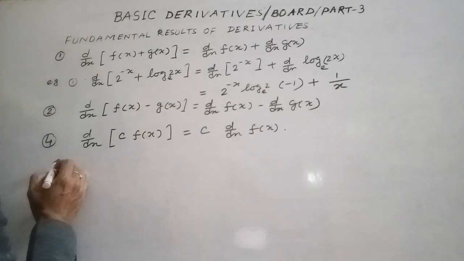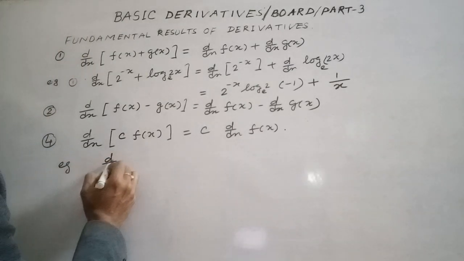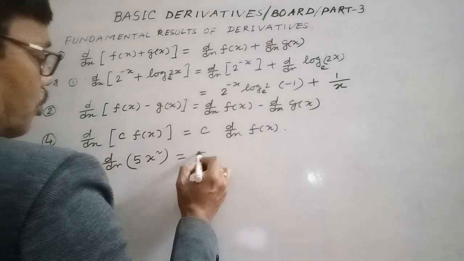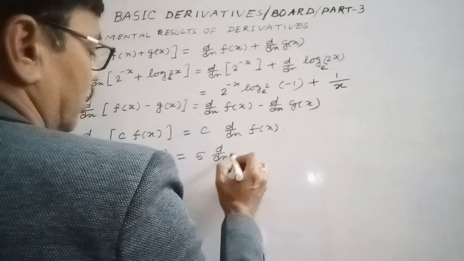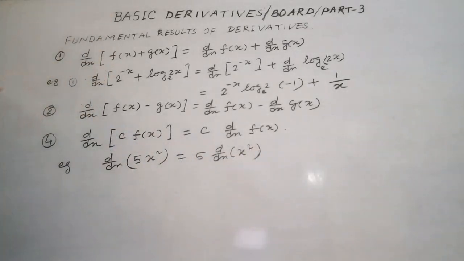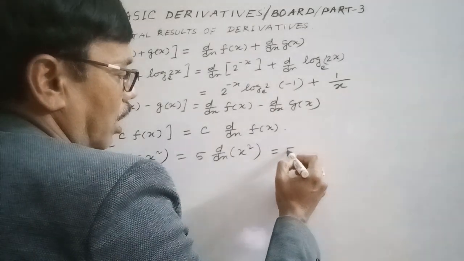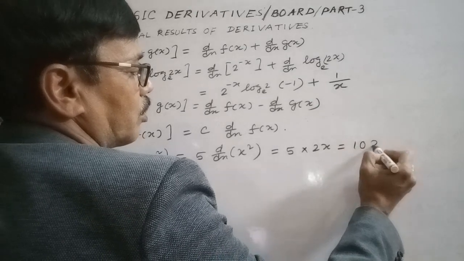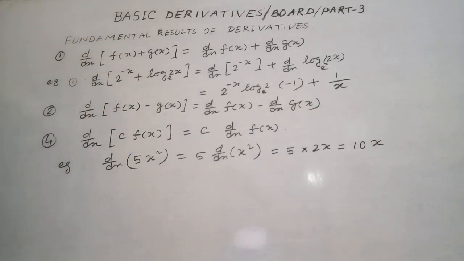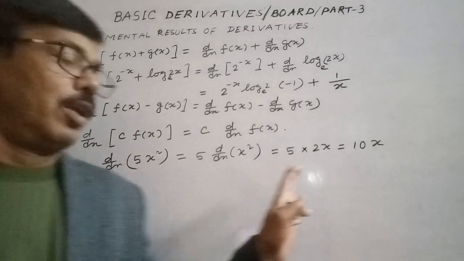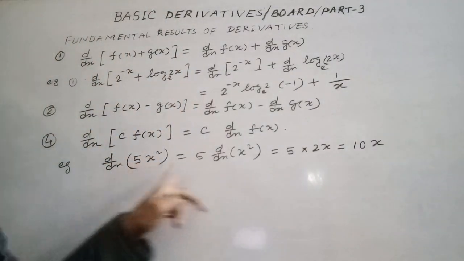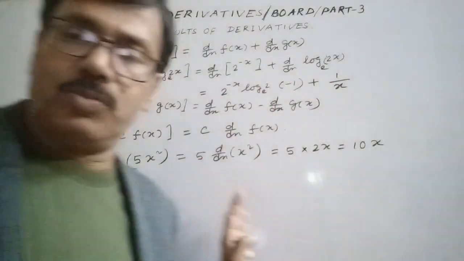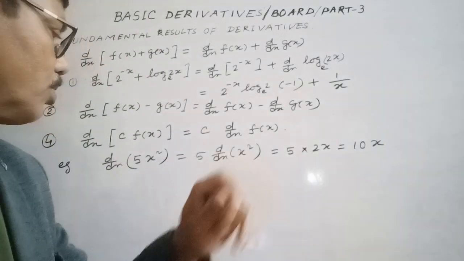So application, d/dx of 5x square. So 5 is a constant, outside d/dx of x square, and 5 unchanged. The derivative of x square is 2x. So finally 10x. So look, we can write it directly, 5 outside then 2x equals 10x. No need of showing all sequential steps.